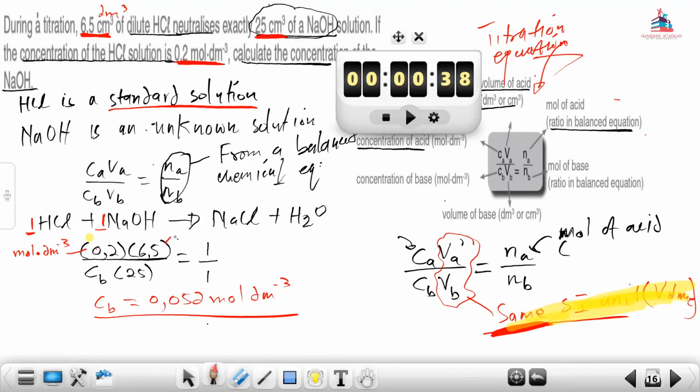This one here is centimeter cubed. And this one here is also centimeter cubed. What does that say to me? It says to me this and this will cancel, and then I'm only left with that.